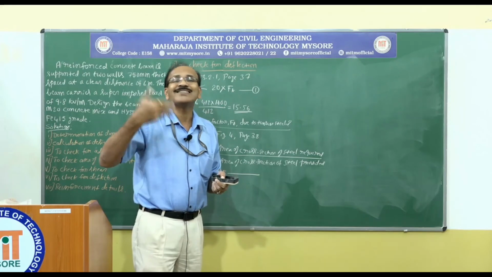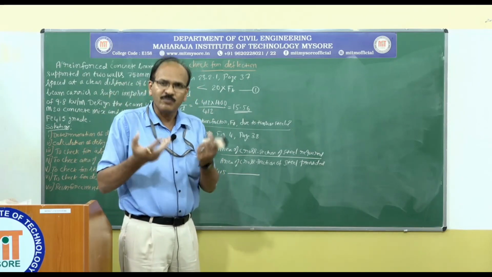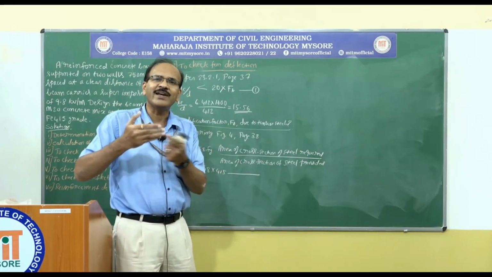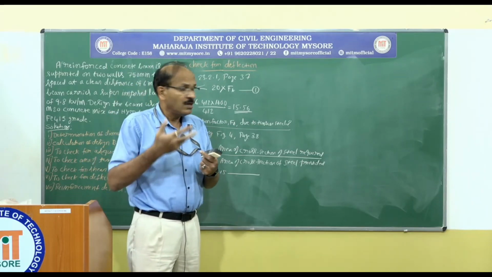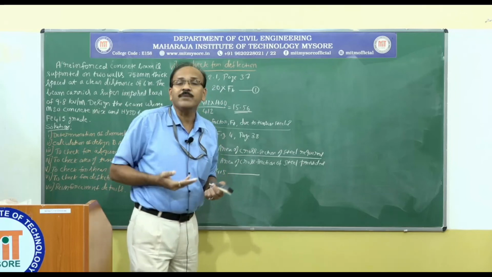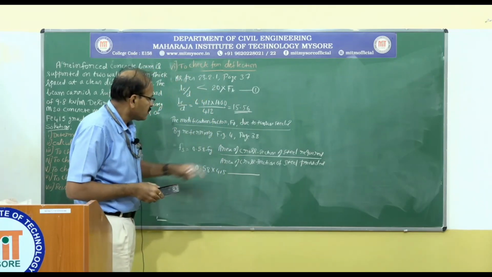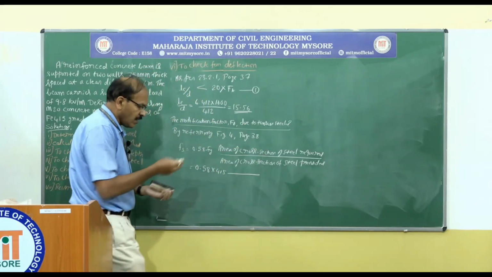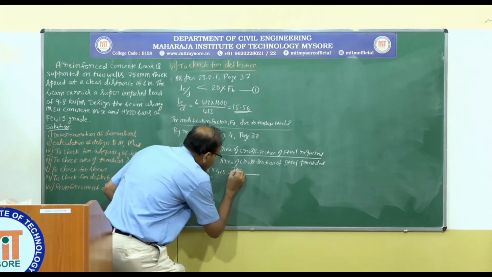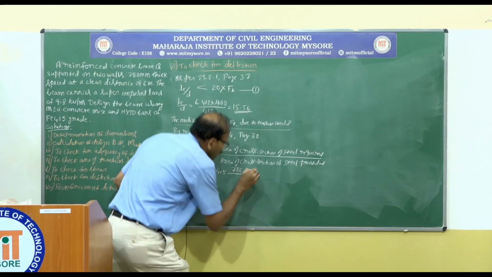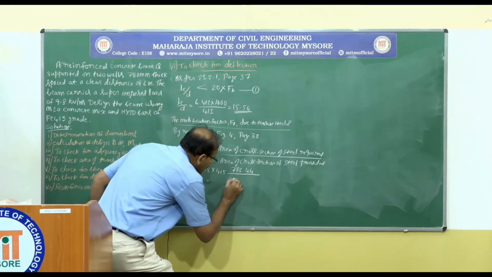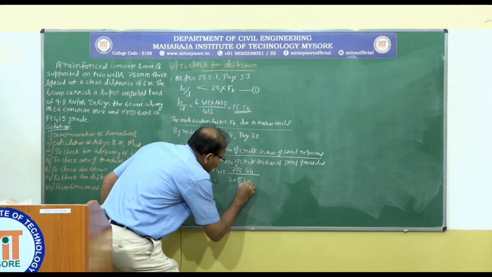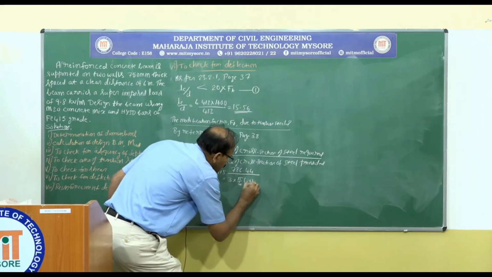We got the number of bars equal to 2.5, but we cannot provide 2.5 bars. Instead, we provided 3 bars. So the required as per the calculation was 786.44, and we provided 3 multiplied by pi by 4, 20 square.